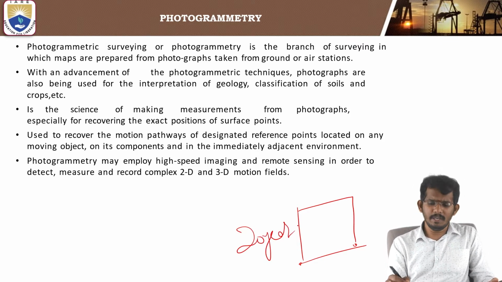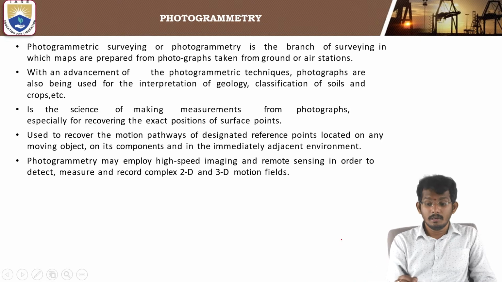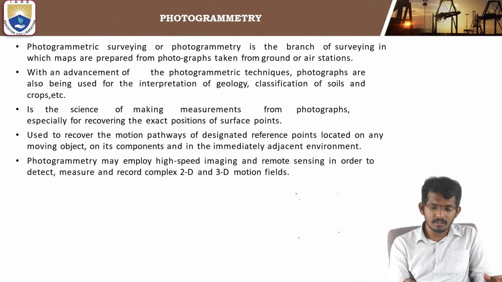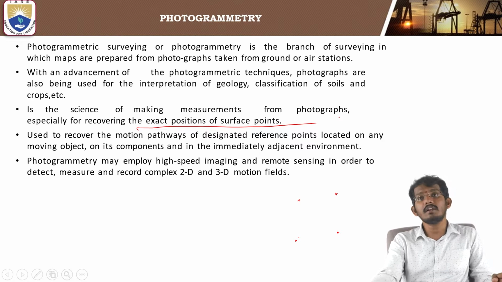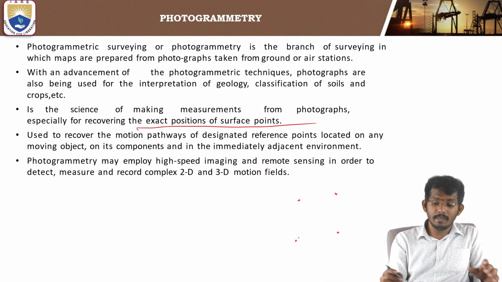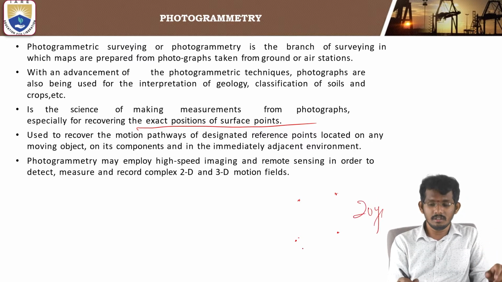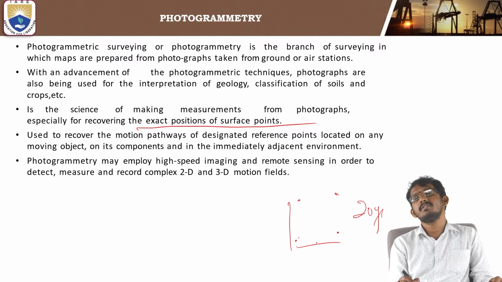Recently this building has collapsed due to a bomb blast or something, but there are some marks. We want to trace these 4 points, the exact position of the surface points. So earlier there was a building 20 years back, and I will trace the length, width, or the positions of the particular building which has collapsed.